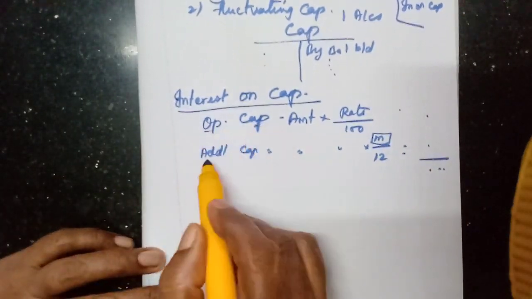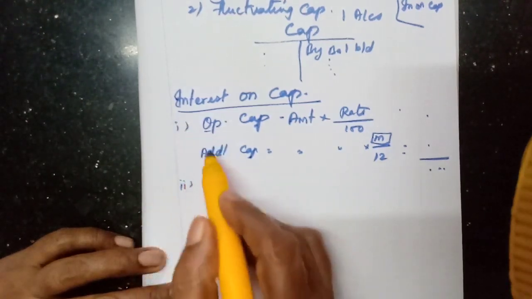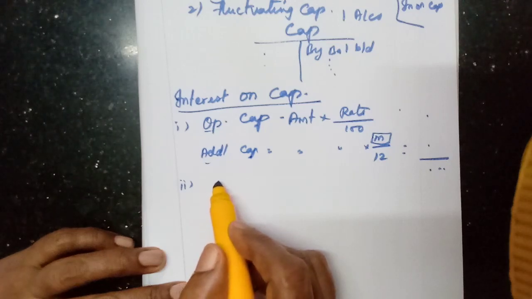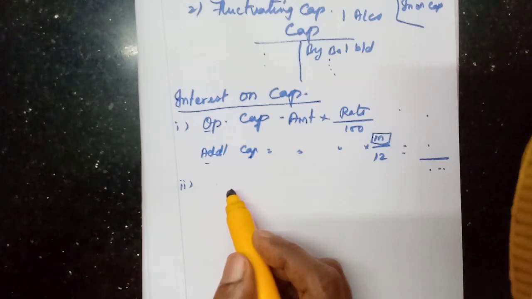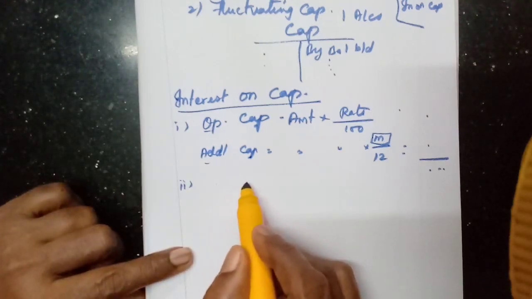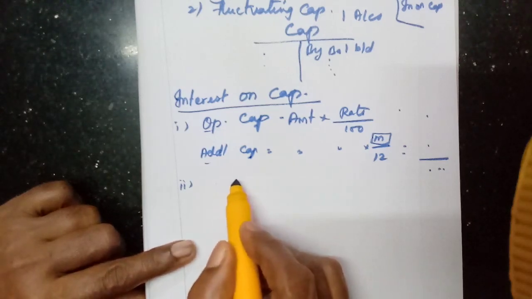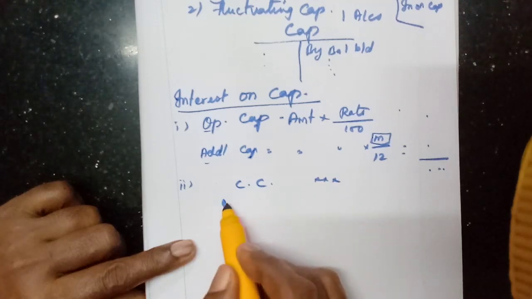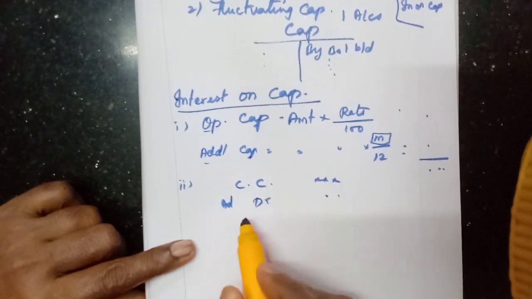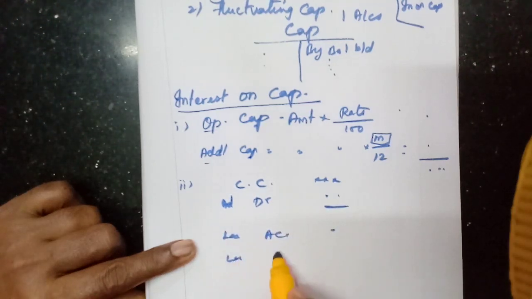That is when the opening capital and additional capital are given. The next one is when the opening capital is not given. How did we calculate it? We prepared a statement showing the opening capital, which we studied in the first chapter. Closing capital, then add drawings, then less additional capital, then less profit.